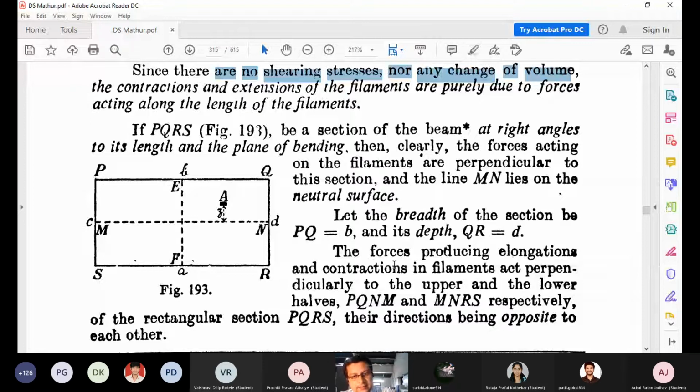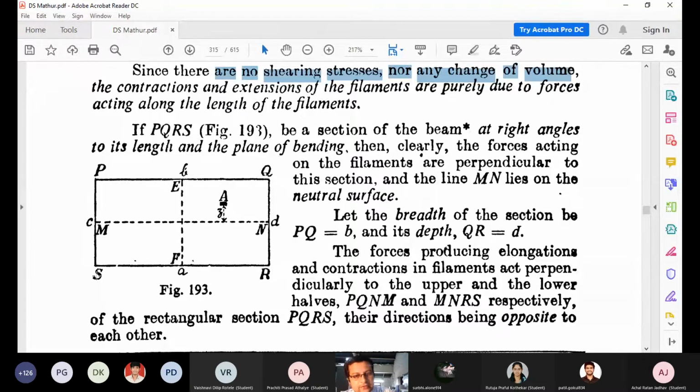So forces producing elongations and contraction in these filaments act perpendicular to the upper and lower halves. Which halves am I talking about? PQNM, this is the upper half, and the other one we have is MNRS here.